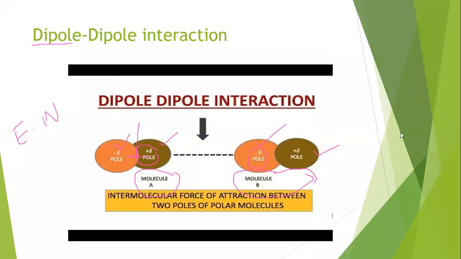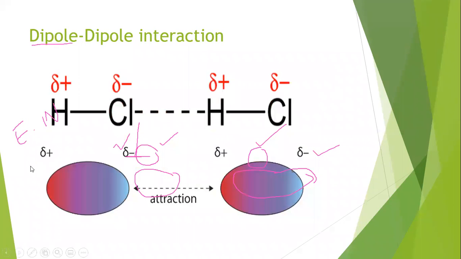Here you can see this example of HCl. Hydrogen is less electronegative, so the hydrogen atom carries a partial positive charge. Chlorine is highly electronegative, so it attracts the electron pair towards itself, and that's why it carries a partial negative charge.